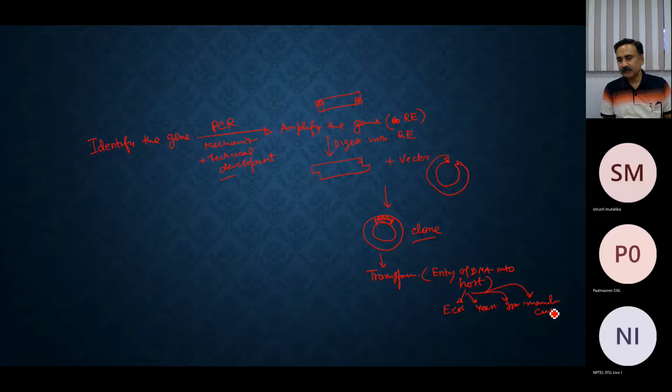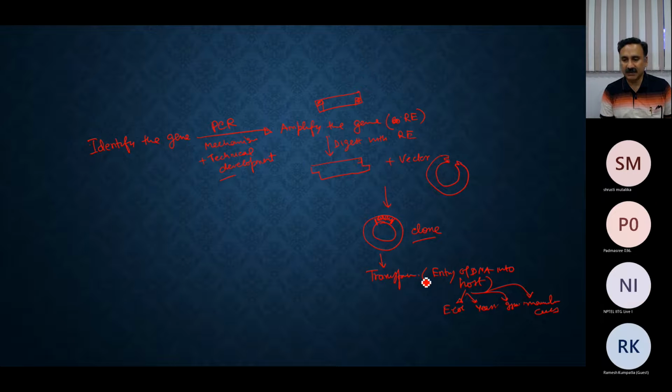Depending on the host, the method of DNA entry is different. You do transformation for E. coli cells, and transfection for mammalian cells as well as insect cells.